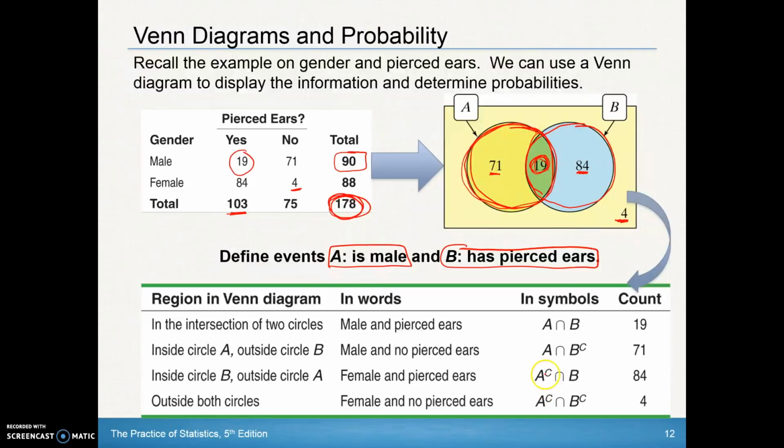Not A intersect B: I'm not in this circle here, but I want to intersect it with B, so that gives me this little 84 piece out here. And if I'm not in A and not in B, that means I can't be anywhere inside here. That would be that 4 piece right there.